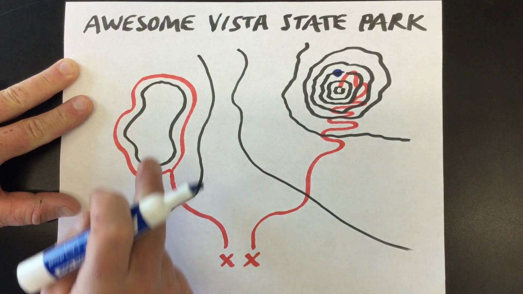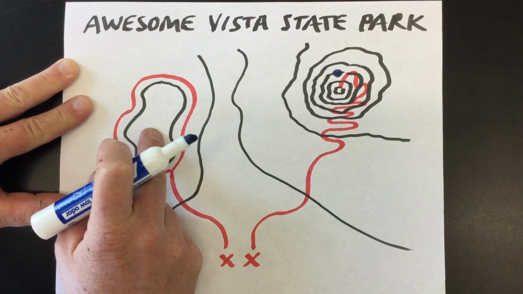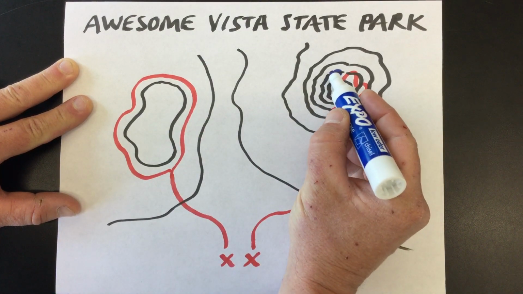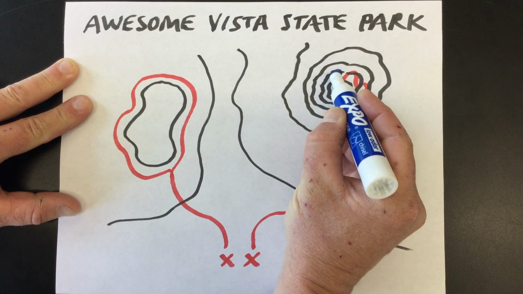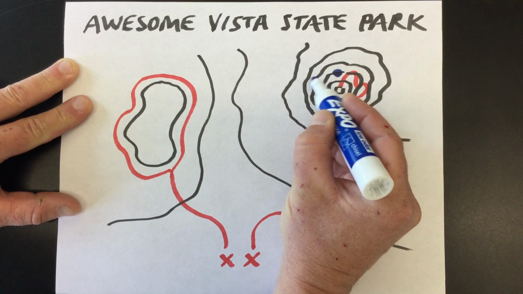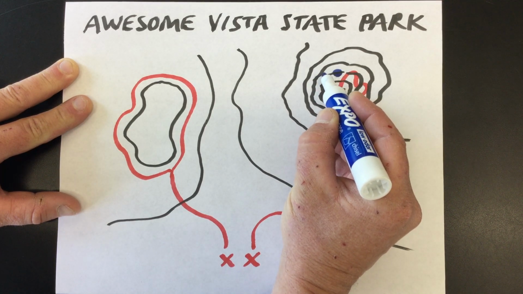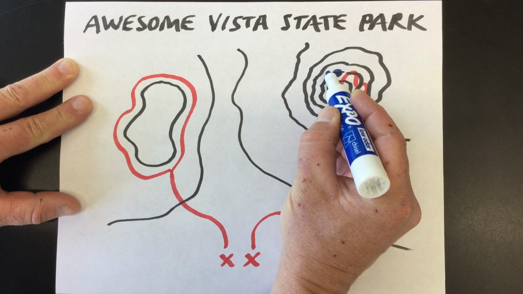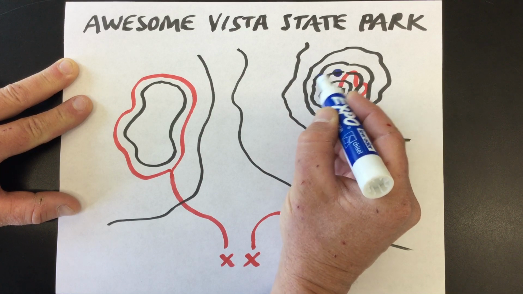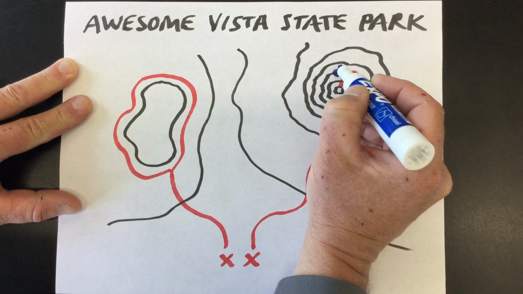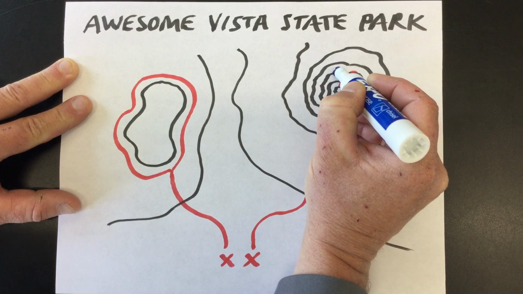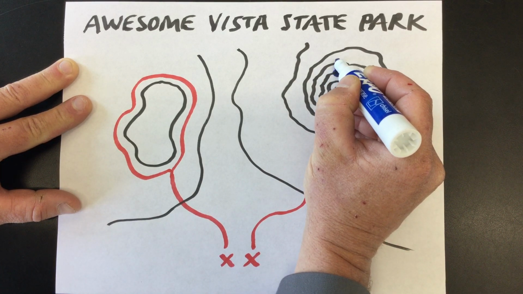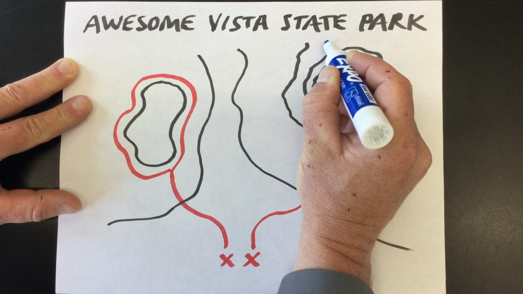Well, we know ultimately the lowest point is the lake, but the bowling ball is not going to just go straight for the lake. It's not going to head straight to the left, because then it would be following a contour line. There's no reason for it to move in such a direction that stays at a constant height or elevation. So what this ball is going to do is roll down the mountain. It's going to go this way. It's going to go this way.